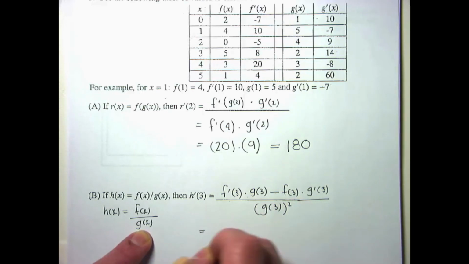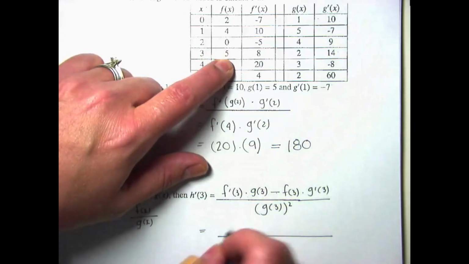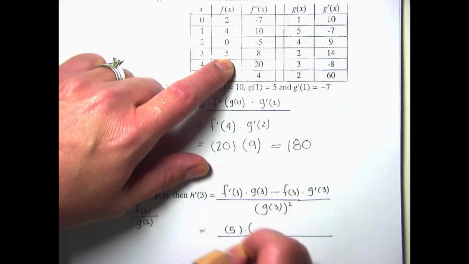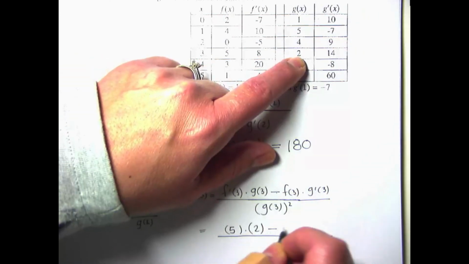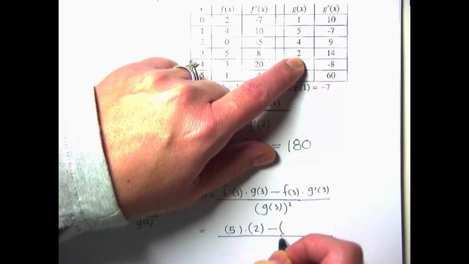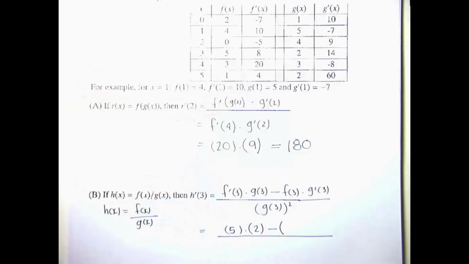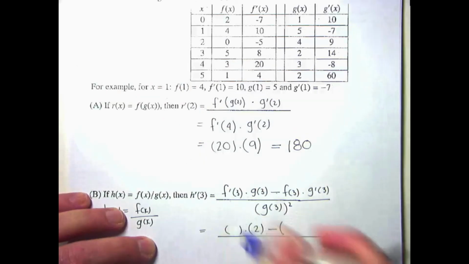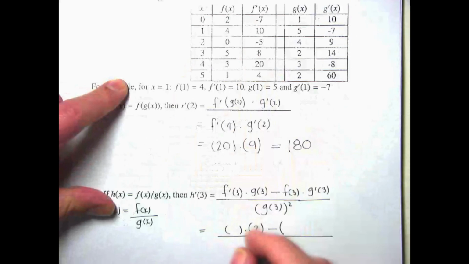All right, let's see what those values are going to be equal to. All right, f prime of 3 is equal to 5. G of 3 is equal to 2. F of 3 is equal to, I'm sorry, this is wrong. F prime of 3, I looked in the wrong column. F prime of 3 is equal to 8, sorry.